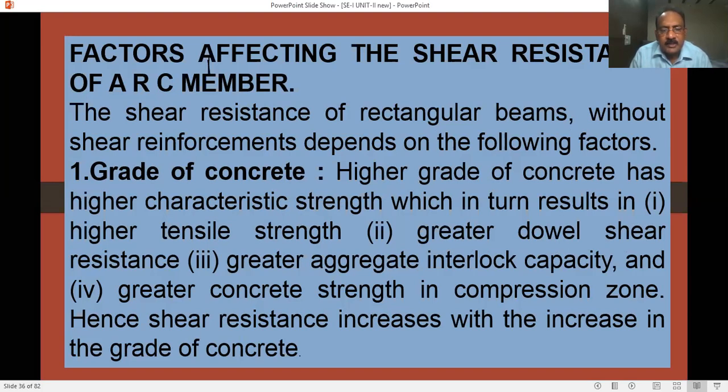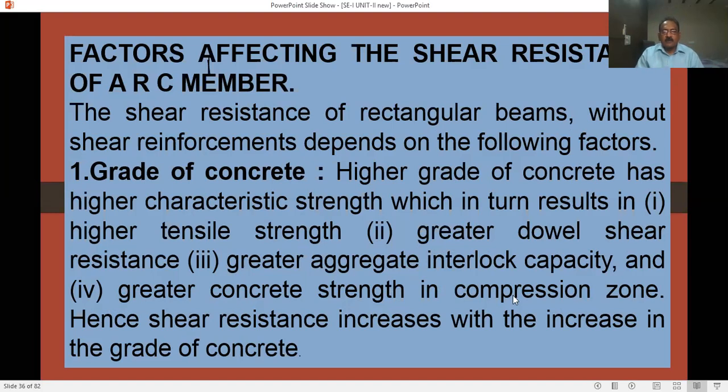Greater dowel shear resistance is the second point, and this also we studied. Greater aggregate interlocking capacity. See, there should be a good bond between aggregates, that is fine aggregates, coarse aggregates, and cement. And greater concrete strength in the compression zone. Hence, shear resistance increases with increase in the grade of concrete.